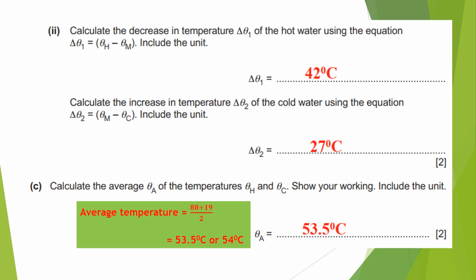So it is 88 plus 19 divided by 2. We show the working here, and the average temperature is 53.5 degrees Celsius. Here, dear students, you have to remember, this is the theoretically calculated temperature of the mixture. Before, the student already recorded in the laboratory while performing the experiment, that is 46 degrees Celsius.